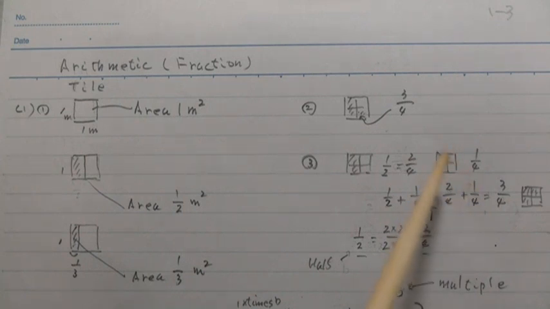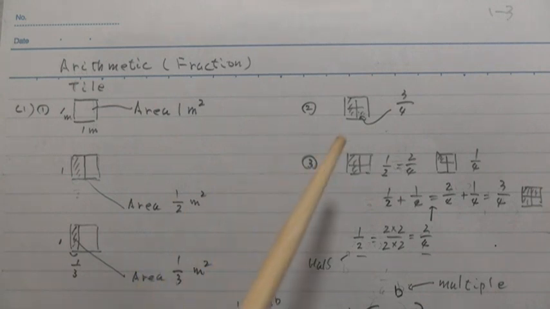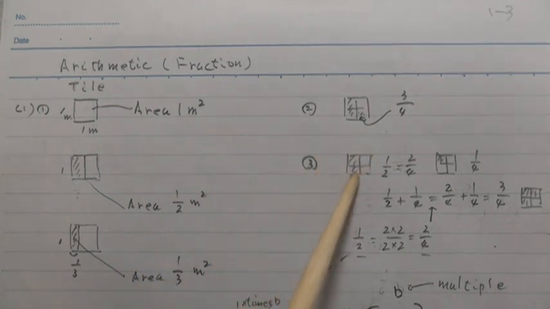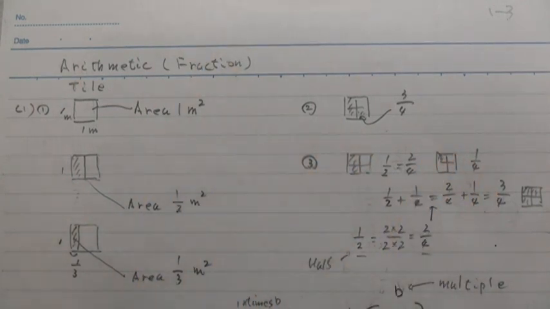And 2/4 plus 1/4 equals 3/4. The denominator stays the same, then calculate the numerator 2 plus 1, and this is 3. Count 1, 2, 3, 4, so 3/4.